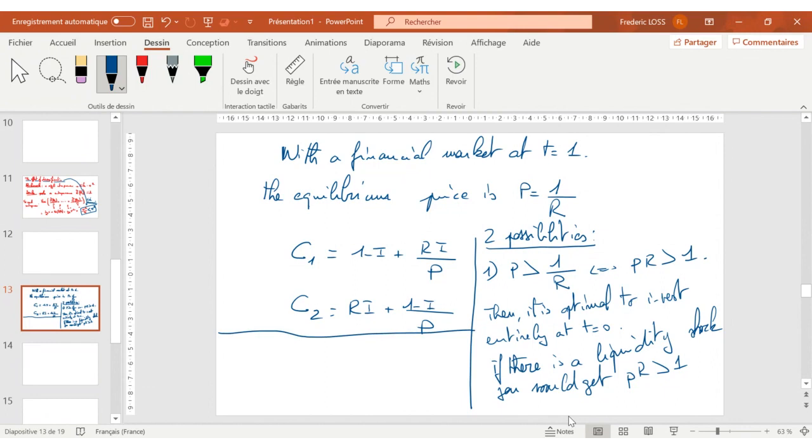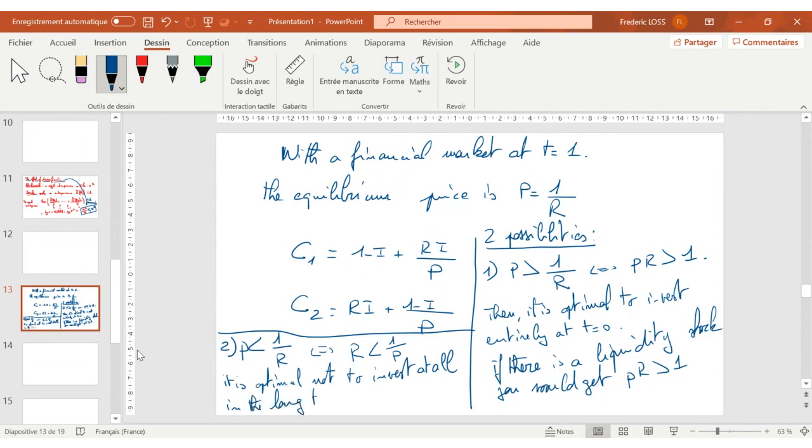The other possibility is P strictly lower than this amount. If this is the case, it is optimal not to invest at all in the long-term investment, I equals 0.